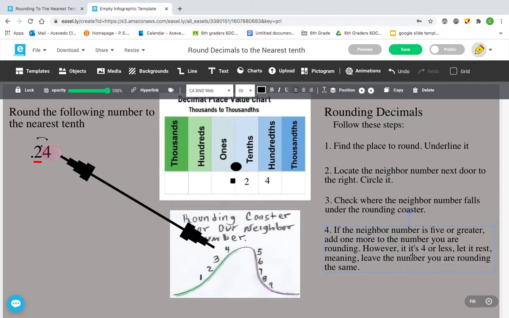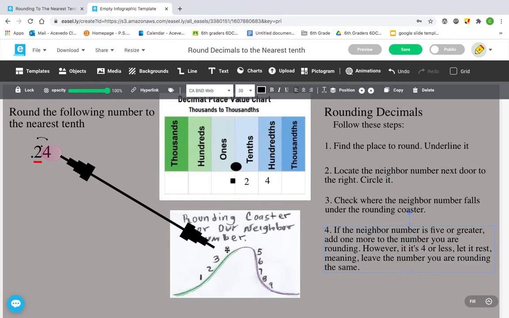However, if it's 4 or less, let it rest. And that means leave the number you are rounding the same. So, what's the number that I'm rounding? It's 2. And now I check the 4, which is the neighbor number, where it fell on my rounding coaster, and I see that it fell on the left.